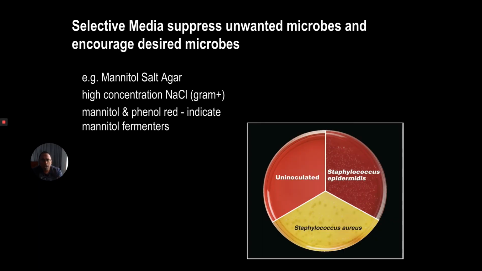We also have selective media. So, when you hear this term selective media, think of natural selection, right? Natural selection, of course, has to do with evolution, but in this case, what we're talking about is selection in terms of the environment, right? So natural selection is when certain traits are favored or more likely to survive in a given environment, right?